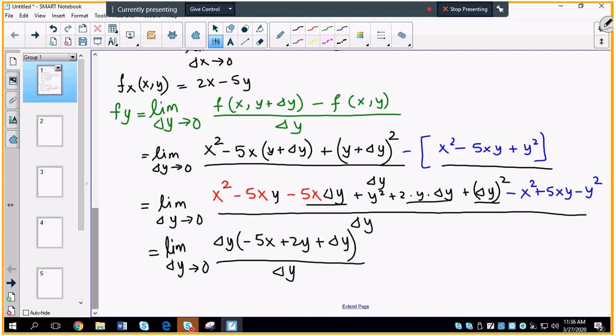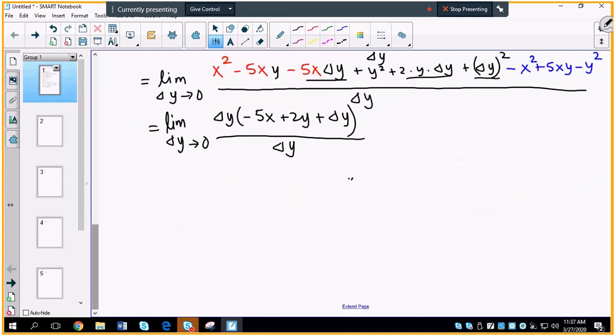Again, recall, delta y is approaching 0, so delta y cannot be equal to 0, and since delta y is not equal to 0, I will be able to cancel it from the top and bottom, and my limit is going to be limit delta y approaching 0 of minus 5x plus 2y plus delta y.